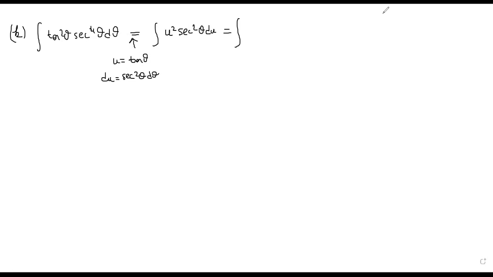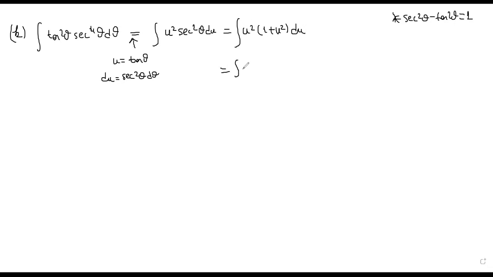What about this secant squared? You should know that secant squared theta minus tangent squared theta is equal to 1, right? Then secant squared is equal to 1 plus tangent squared, and tangent squared is equal to u squared. So we have u squared times (1 plus u squared) du.